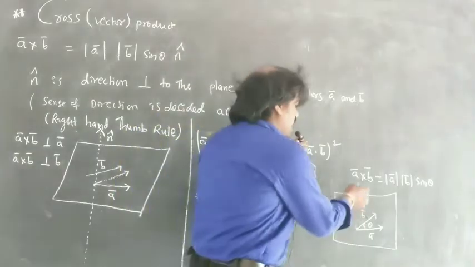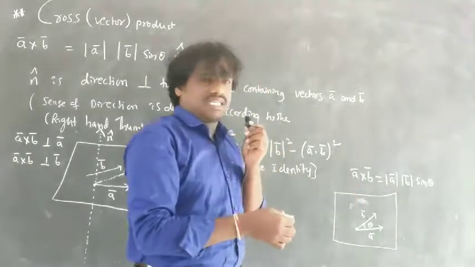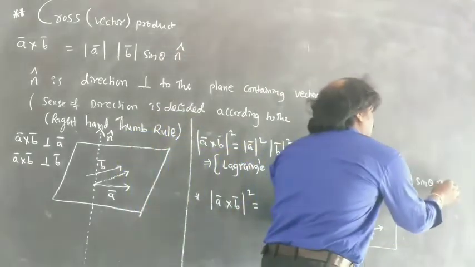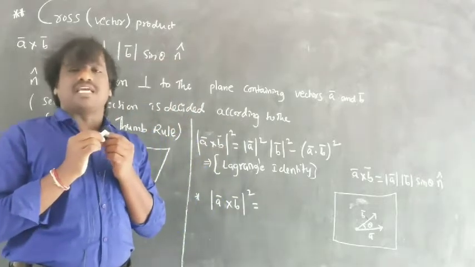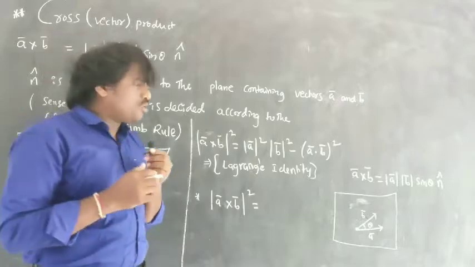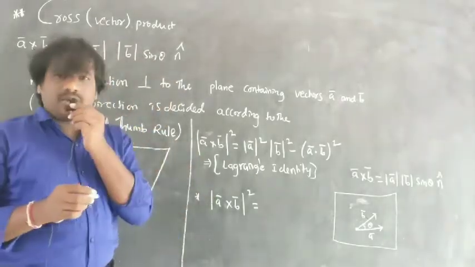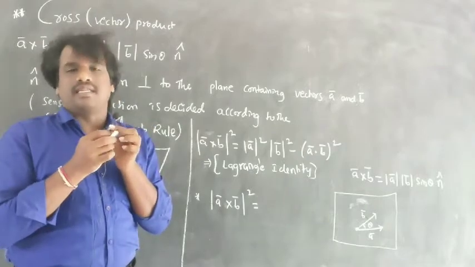And the vector A cross B is mod A mod B sin theta into n cap. What is the n cap here? N cap is a unit vector which is perpendicular to the given plane.